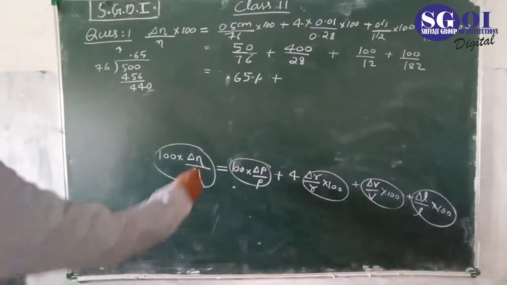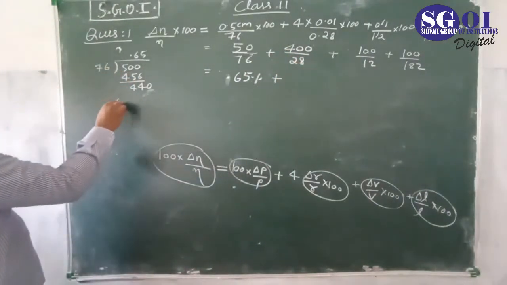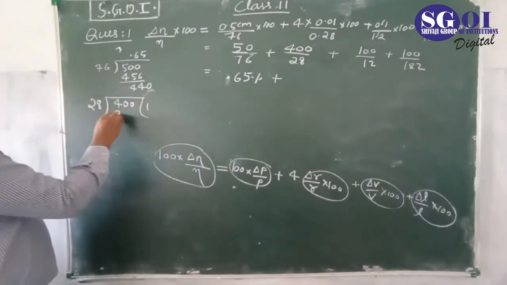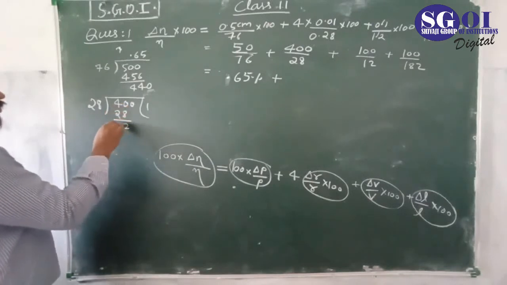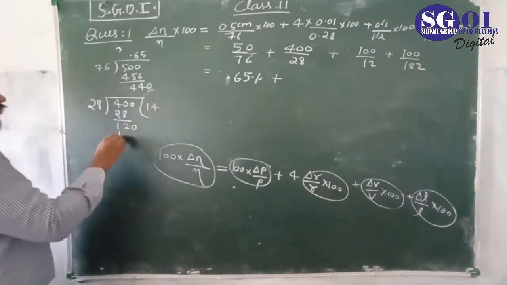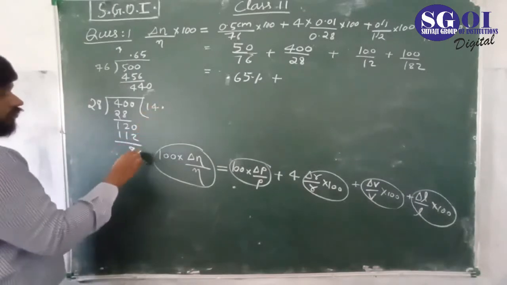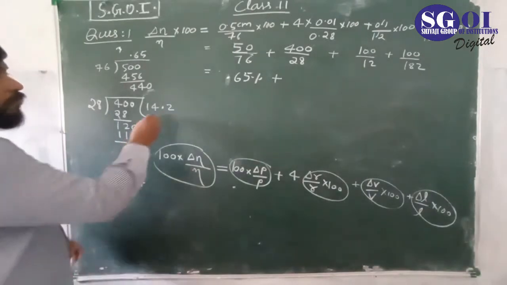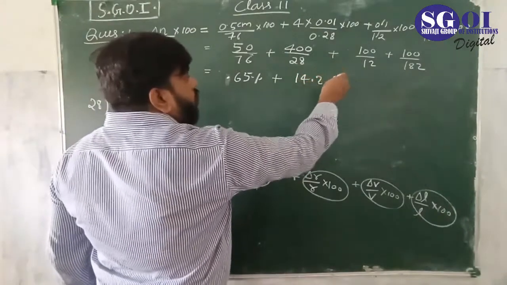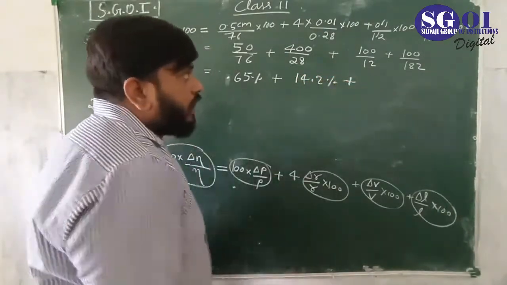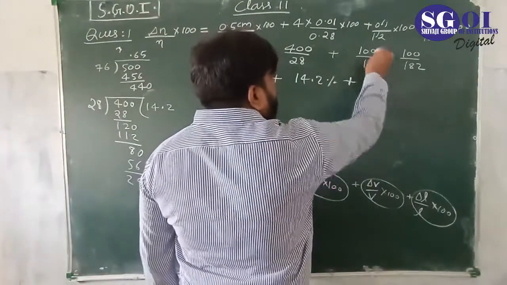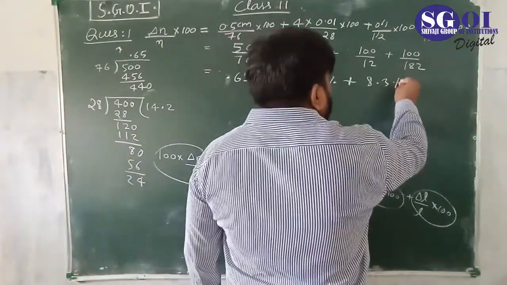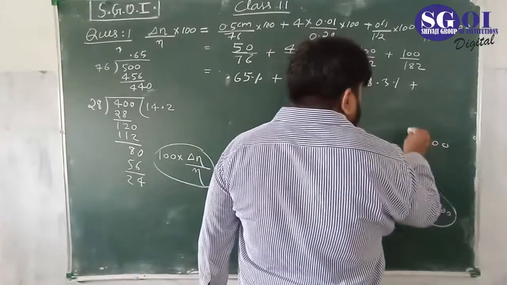Plus now divide 400 by 28, so this is 14.2% plus 100 by 12, which is 8.3, plus 100 by 182.